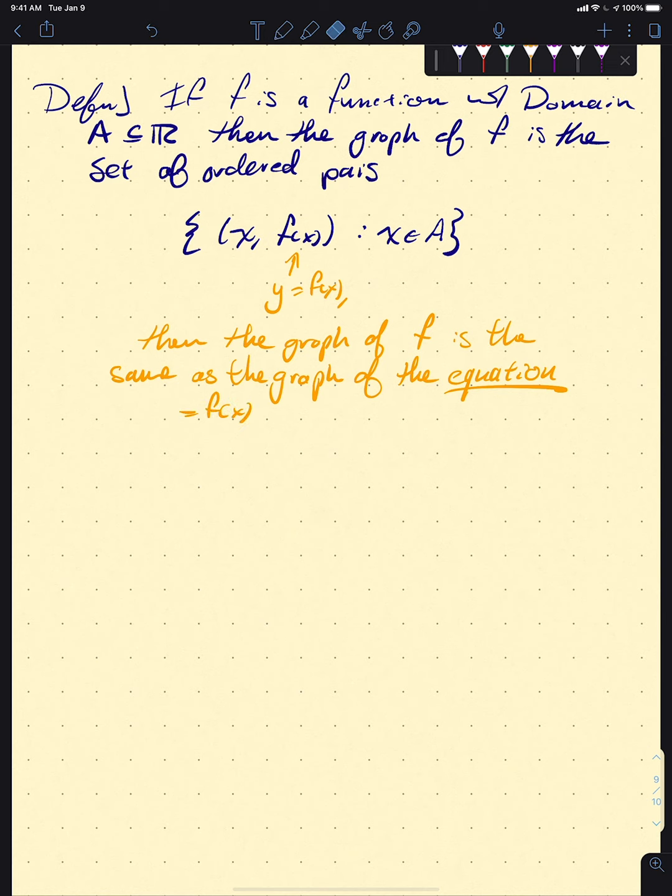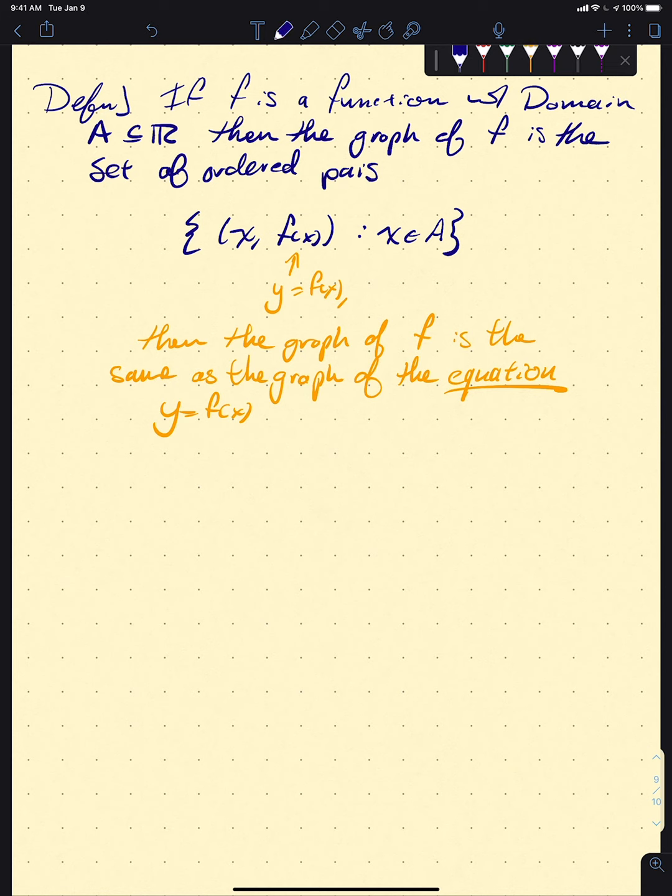So hopefully that clears up the distinction between f of x and y equals something. We're just using a function to define an equation, which allows us to graph it.